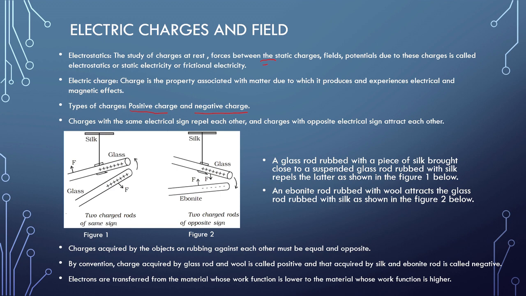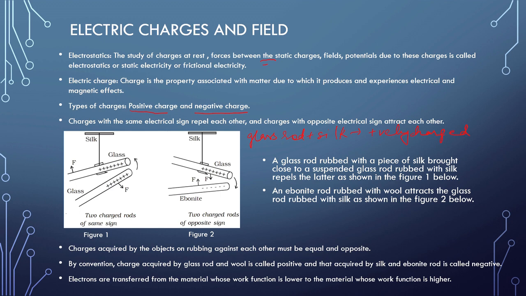So, if I take a glass rod and rub it with silk, a piece of silk cloth, then we will see that the glass rod becomes positively charged. That means when the glass rod is rubbed with silk, it becomes positively charged.